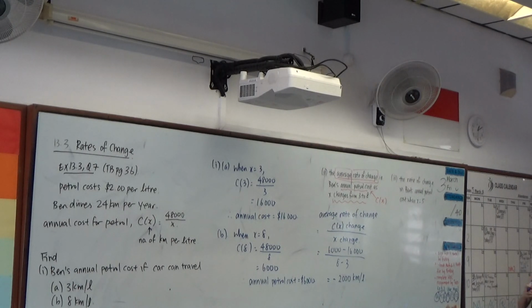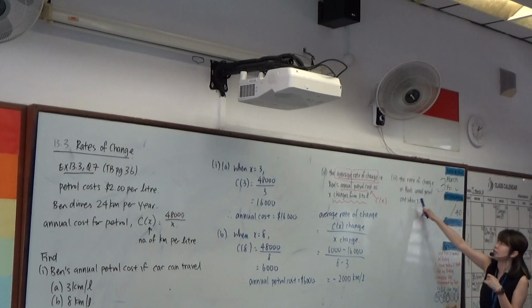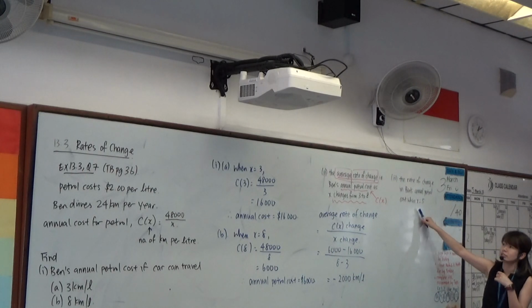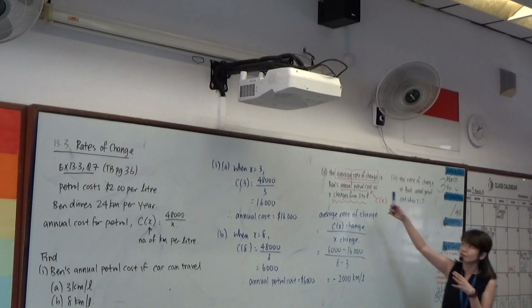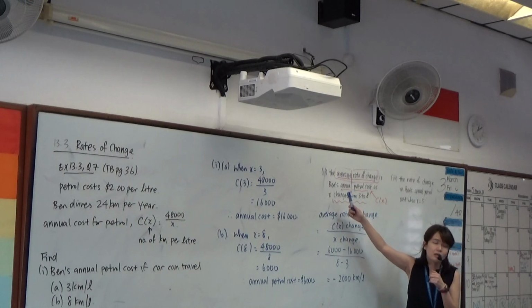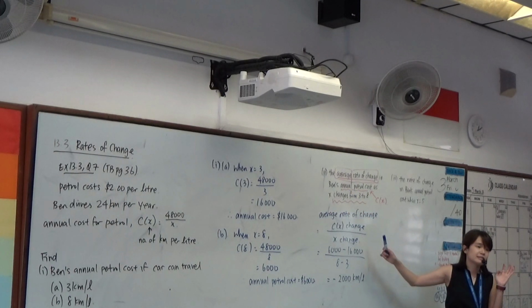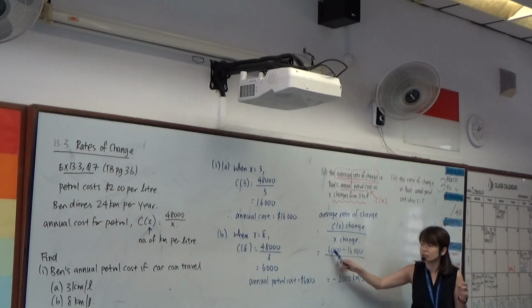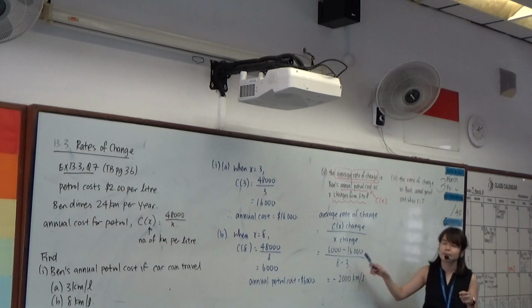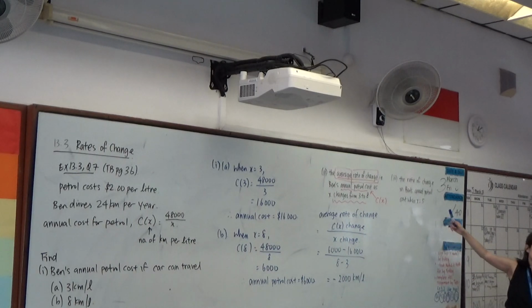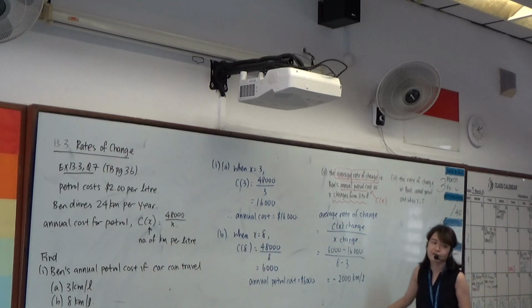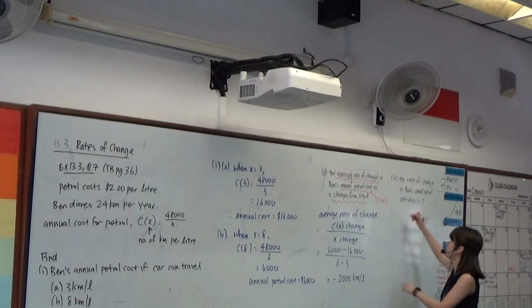Part 3 says that you want to find the rate of change in Ben's annual petrol cost when x equals 5. So it doesn't have the word average at all. When it comes to average, we have the understanding about average speed, total distance over total time. That's why we see the change itself over another change. Whereas this phrasing is asking you to find the instantaneous rate of change.